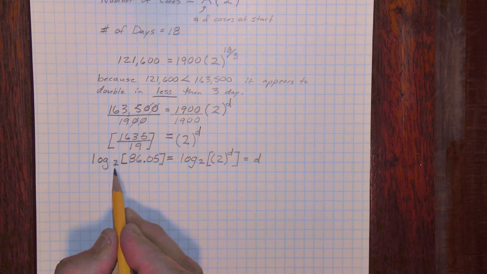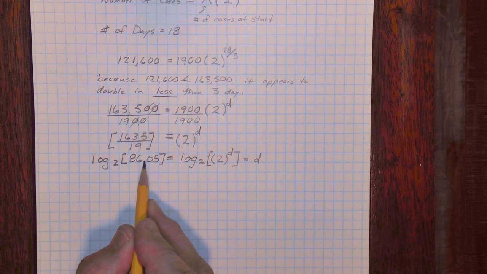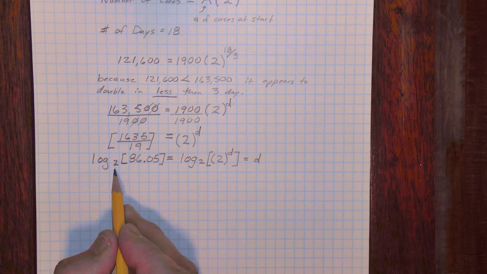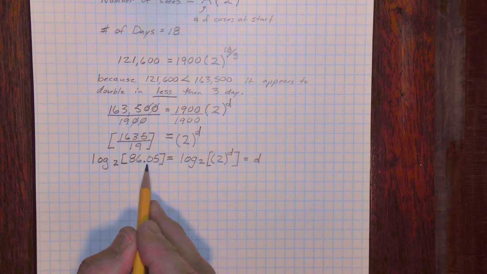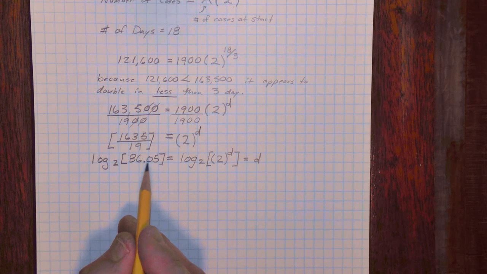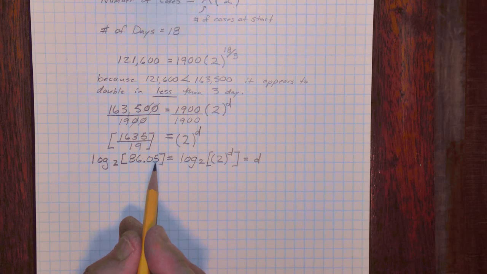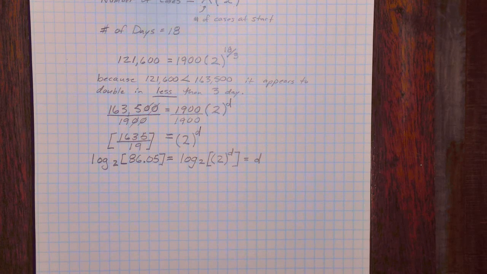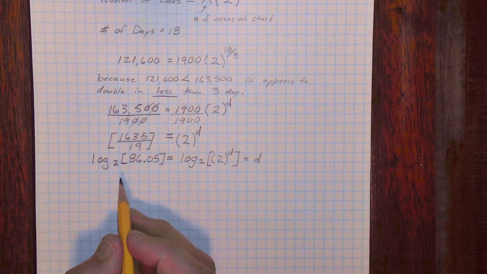We know 2 to the 6th power is 64. We know 2 to the 7th power is 128. So this number right here is somewhere between 6 and 7. And then we can figure out roughly about how long it takes for it to double, since we know that that's also our 18 days right there.